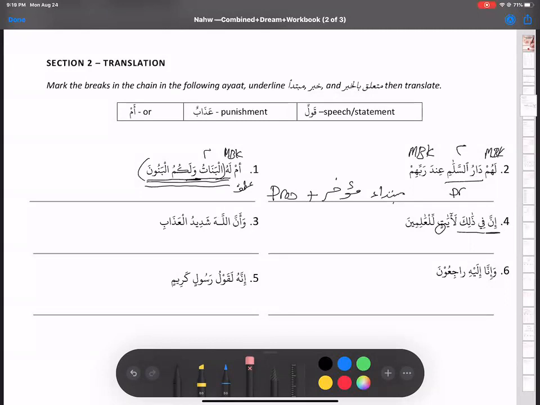Don't think that this is jar, and don't think that this is because of this la. This la does not do anything. This la is called lam of emphasis, and it does not affect anything. So this ayatin is nasab in status because this is the feminine plural pattern.